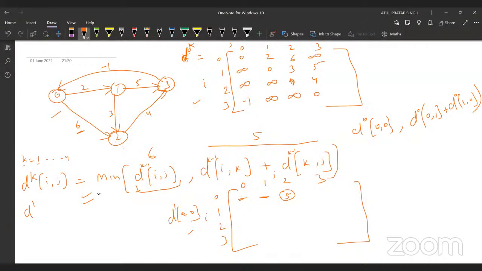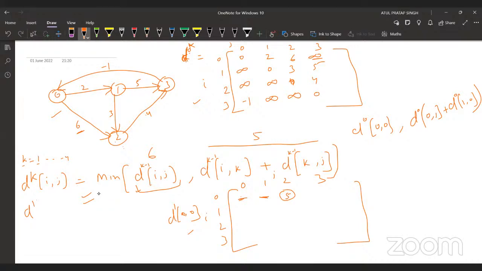Okay, so we will apply this formula for every combination. So for 0 to 3, first we will check whether there is any direct edge available from 0 to 3. So no, the previous value is infinite. If we see the distance through vertex 1, so 0 to 1 and then 1 to 3, 2 plus 5 is 7. So we are getting a smaller distance than the direct edge.